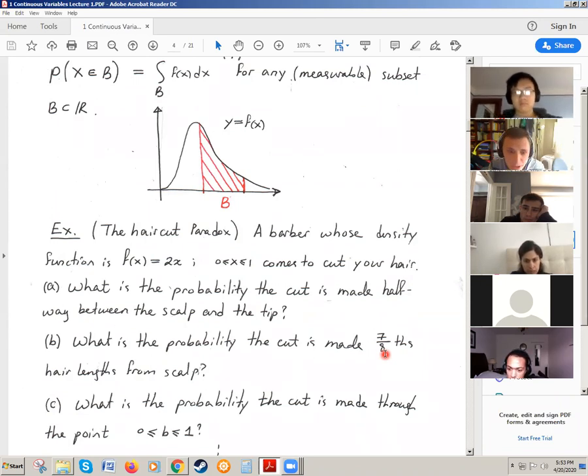What about any point, right? You take a hair, just any particular point B. It's 0. So any number, the hair is between 0 and 1, and the probability that the hair is cut at any such point is 0.